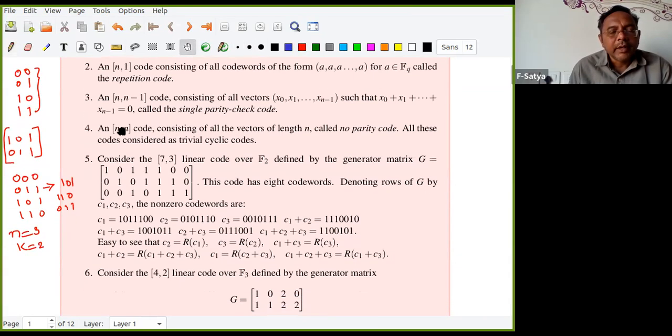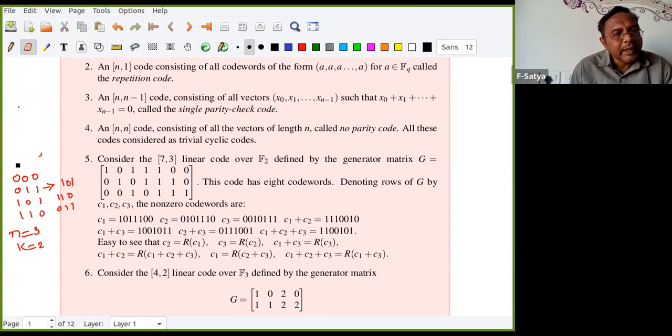Now, one more code is the (n, n) code. What does (n, n) code mean? The codeword length is n, and my k is also n. Then what is that? All words, the entire F_q power n, correct?